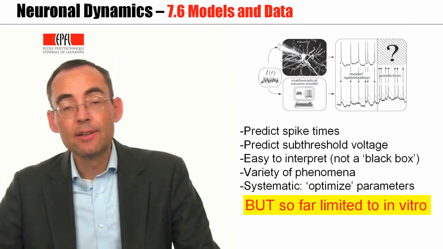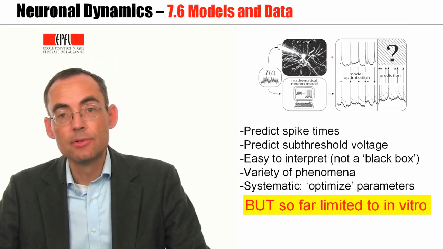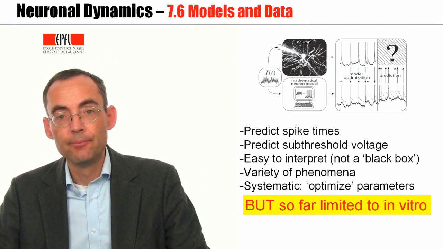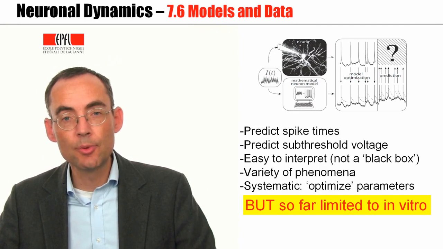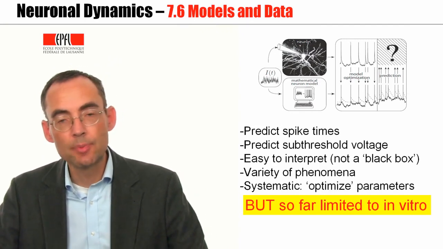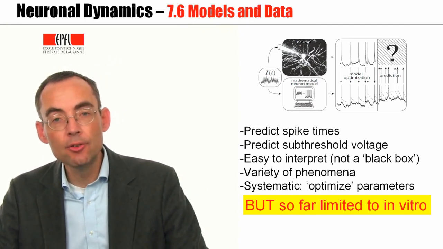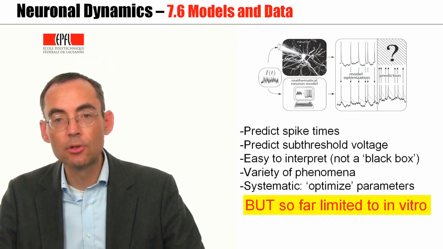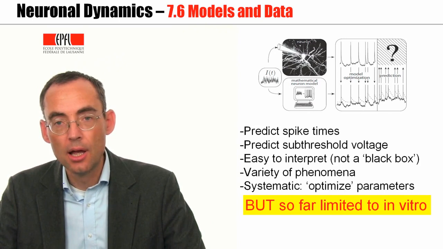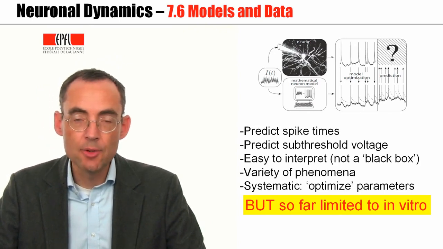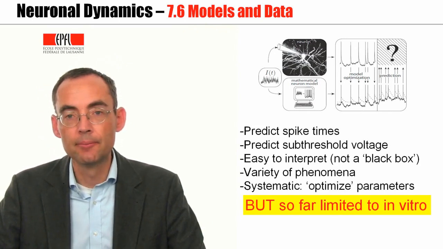So we can extract parameters for in vitro data. We find a dynamic threshold that's distinct from the spike after effects. The spike after effects can be identified as spike after currents, currents that are triggered in the neuron at the moment of spike firing.